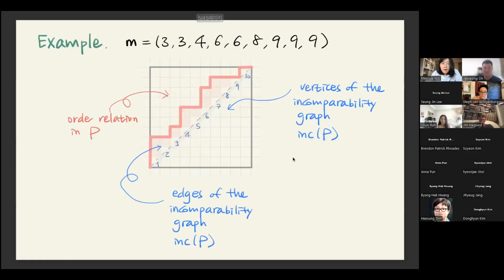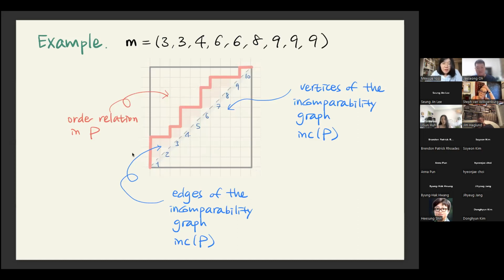So given this sequence m, we can consider the Dyck path having the column length m_i for the ith column. So the first column has length 3, 3, and the third one 4, and so on. And the last one is length 10, which is n.